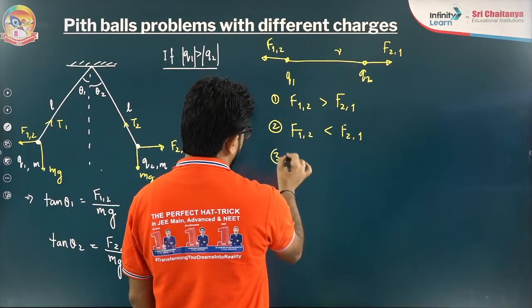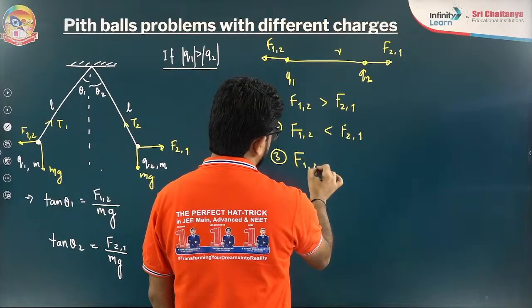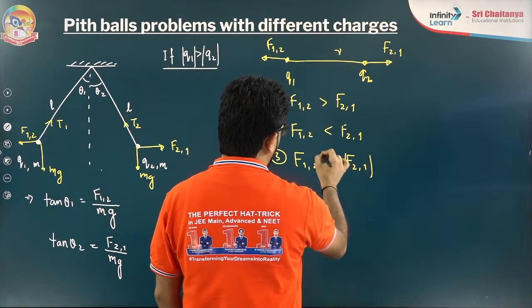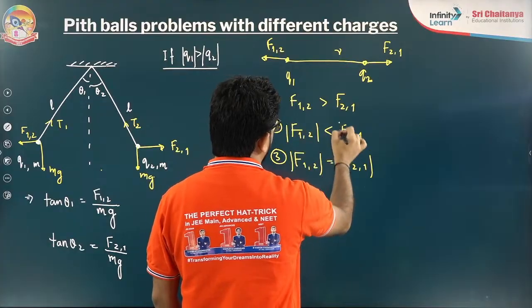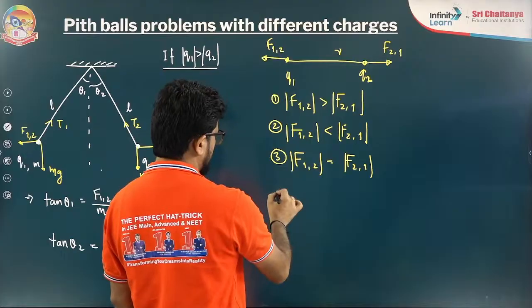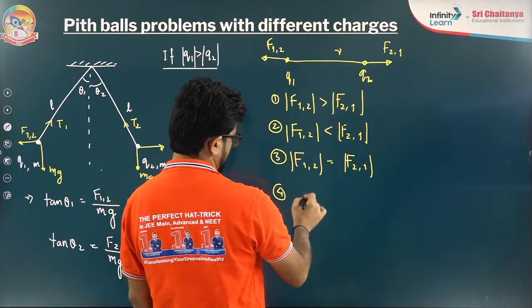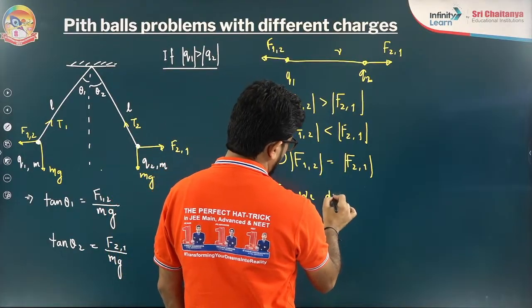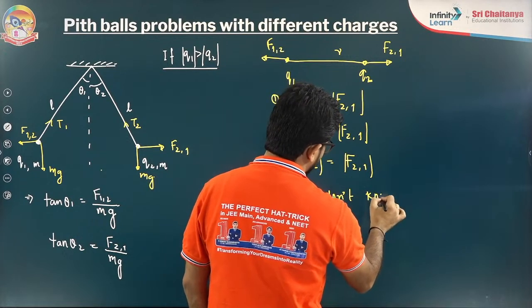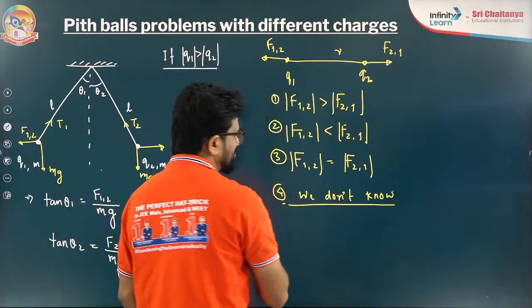Third: F12 is equal to F21. Definitely I am talking about only magnitude, so don't worry about it. I am not interested in direction right now. Fourth: we don't know. What option are you going to choose?